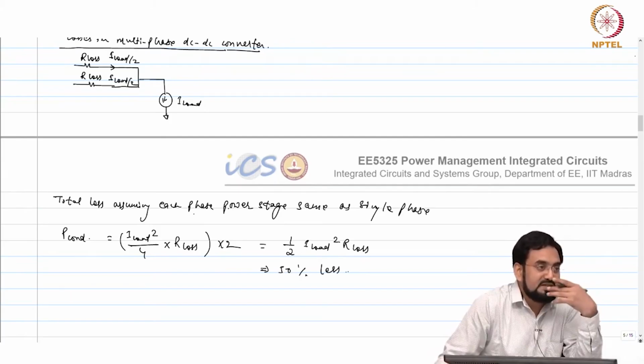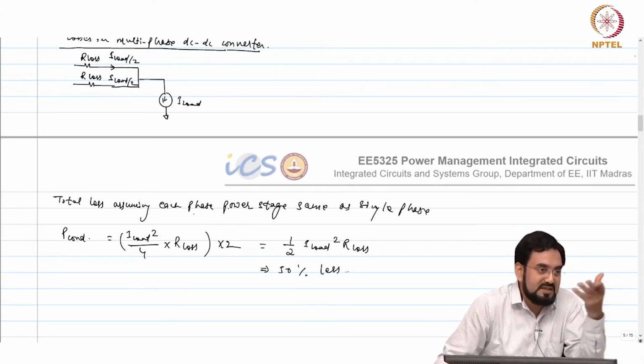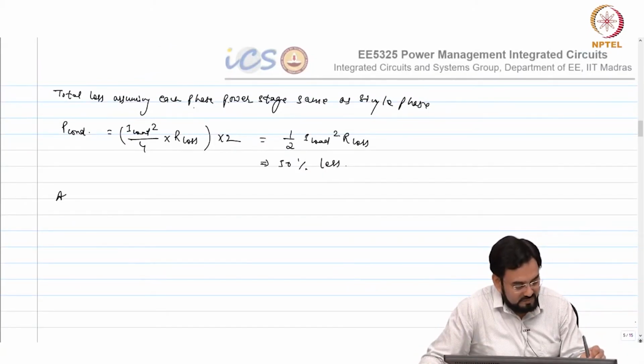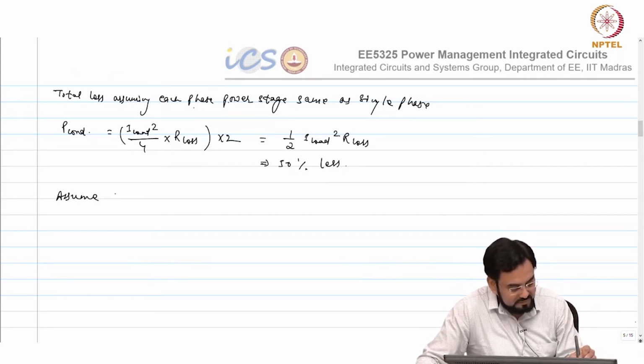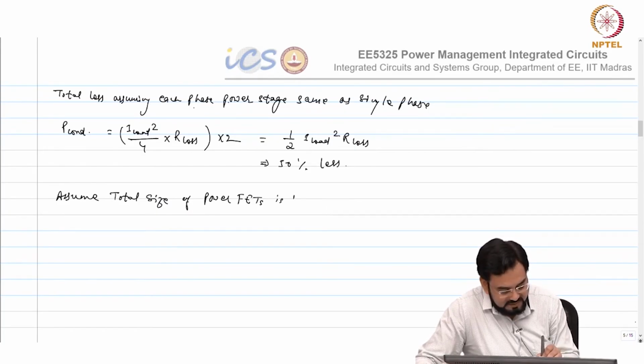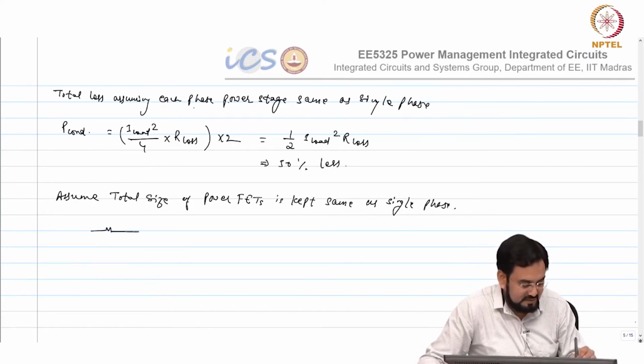So if you keep the same size, then in multi-phase your conduction losses will be lesser, because each phase is carrying only half the current. Now assume total size of power FETs is kept same as single phase, then this will become twice of R loss.